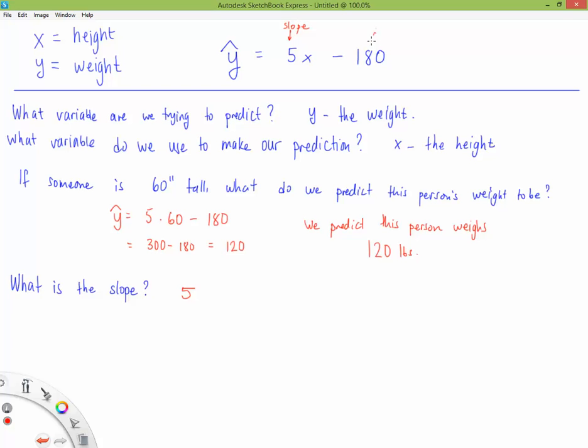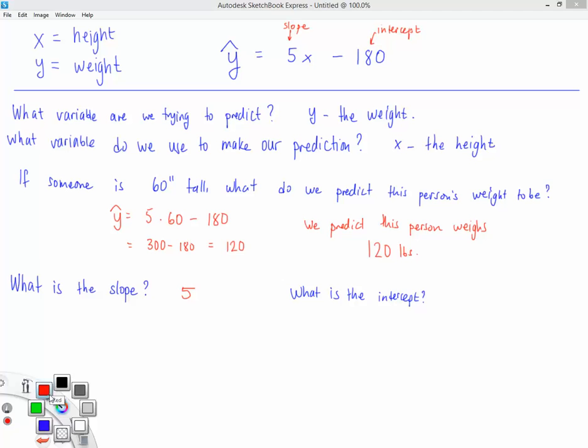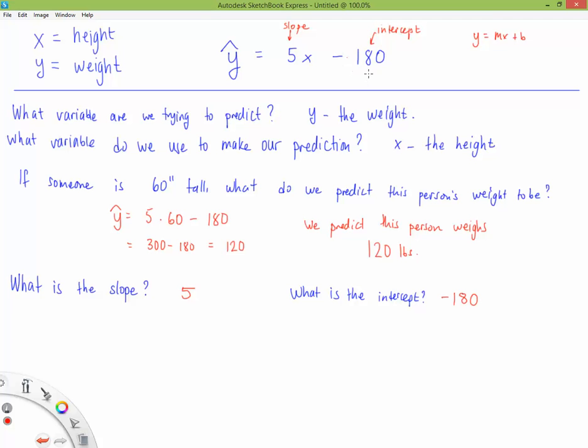What do we call the negative 180? The intercept. So what is the slope? The slope is 5. What is the intercept? The intercept is negative 180, because doing a minus is the same thing as adding a negative. It's always in the form of y equals mx plus b, so in this case, we're adding a negative 180.